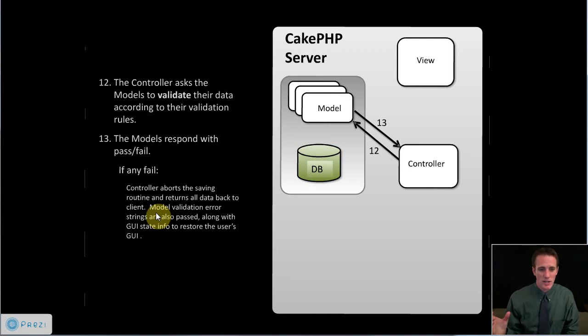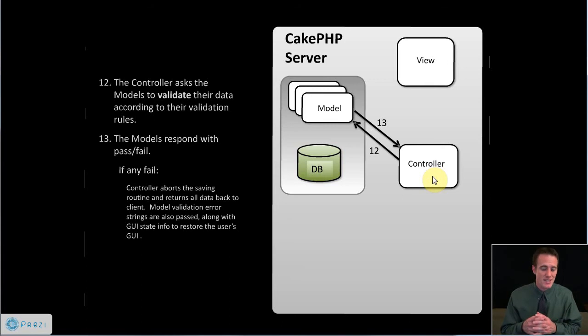Okay, so that propagation back ultimately to the client in their browser of the error string that says your value must be an int or something, it actually happens pretty seamlessly with CakePHP. But again, you do have to be conscious of the GUI state. You have to pass variables back from the controller. Okay, so that was in a nutshell.